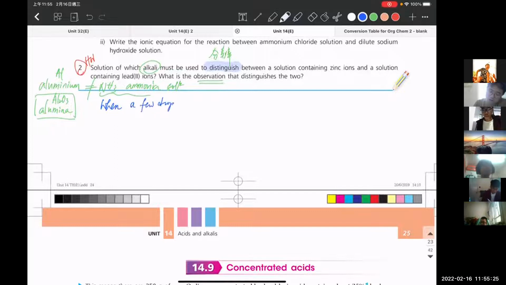When a few drops of ammonia are added to the solution containing zinc ion, the PPT will dissolve to give a colorless solution.